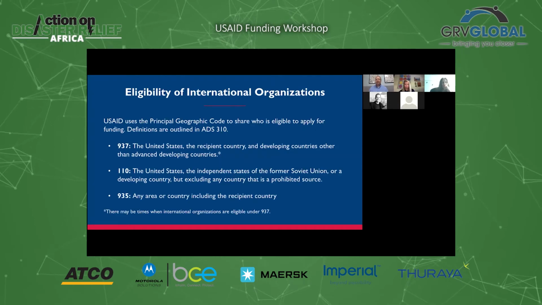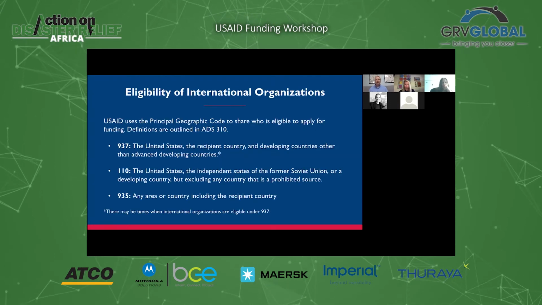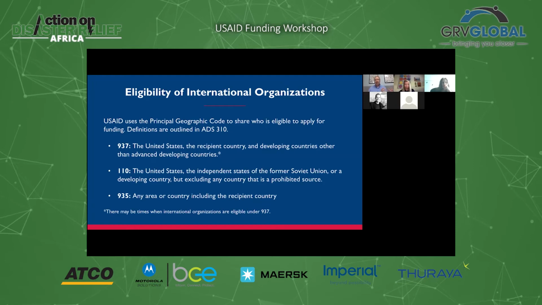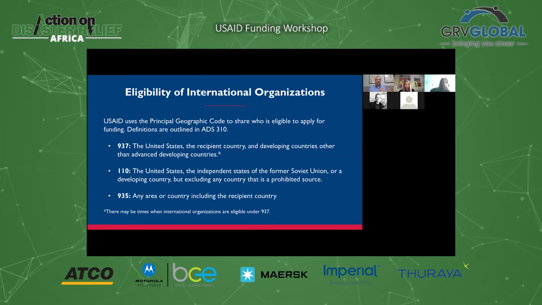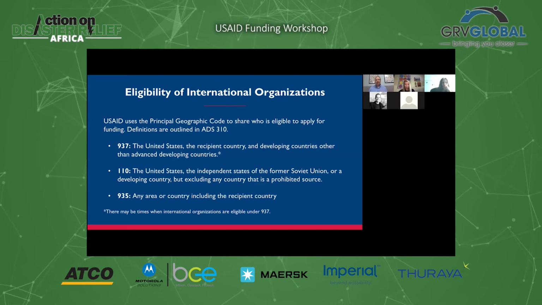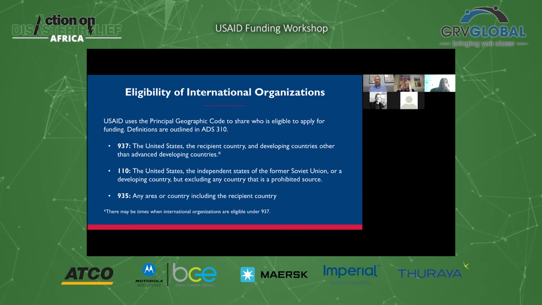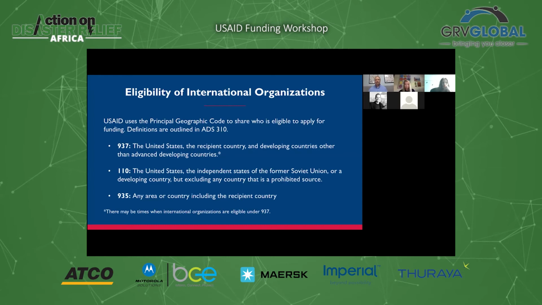We have 3 main codes. Code 937 covers US-based organizations or organizations located in developing countries, either the country we're working in or the developing country overall.